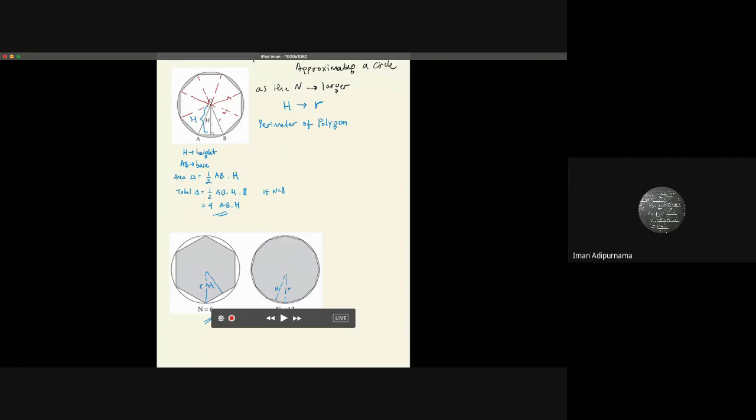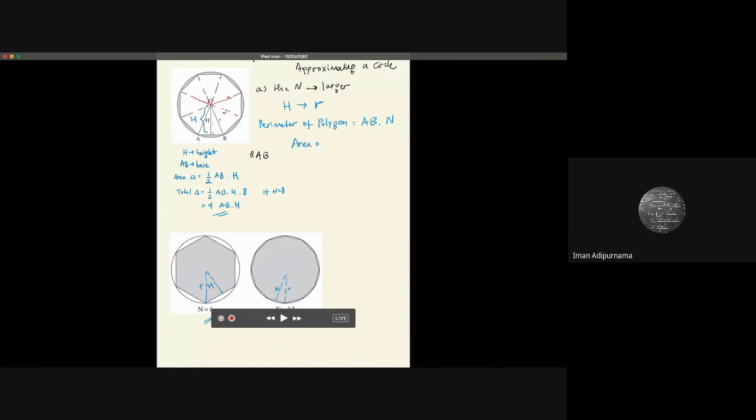If you see this polygon, AB is the side. The number is 8, so 8 AB is my perimeter here. So the perimeter of the polygon is AB multiplied by how many triangles there are.